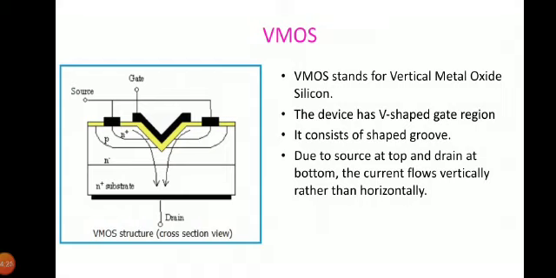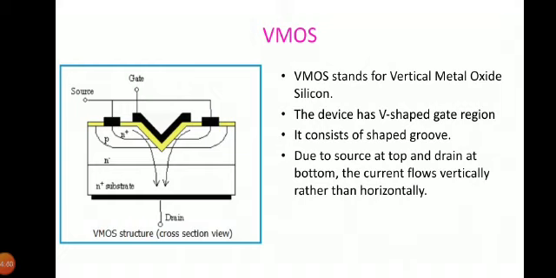Next we will see VMOS, which stands for vertical MOSFET. This device has a V-shaped groove, and this groove helps to increase the power handling capacity and current handling capacity of the device. It consists of a double diffused N plus and P region, which is cut by a V-shaped groove.